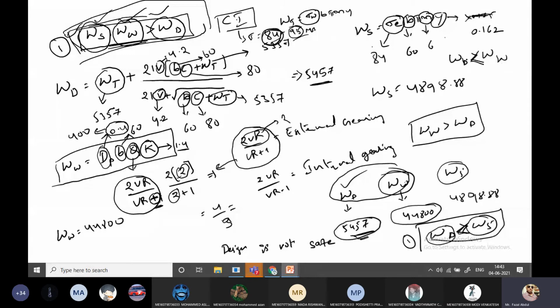WD less than WW. The dynamic load is always less than all the values. Blindly remember, the dynamic load is always less than all the loads. How many loads do we have here? Tangential load, static load, wear load. So the dynamic load should always be less than all the values, WT, WS and WW. Then only our design is in a safe condition.